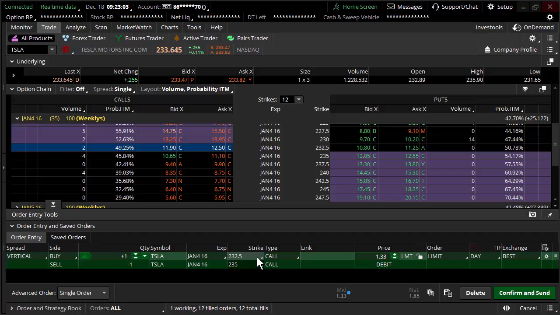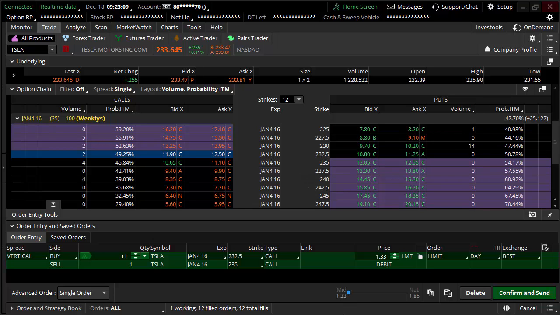Now, on the spread, what have I really created? Well, I went out and bought these 232.5s. I'm going to freeze the screen and enunciate a few things. I purchased this 232.5. Why did I do that? Because I wanted them. They're trading for almost $12, and that's some serious capital you'd be putting up.